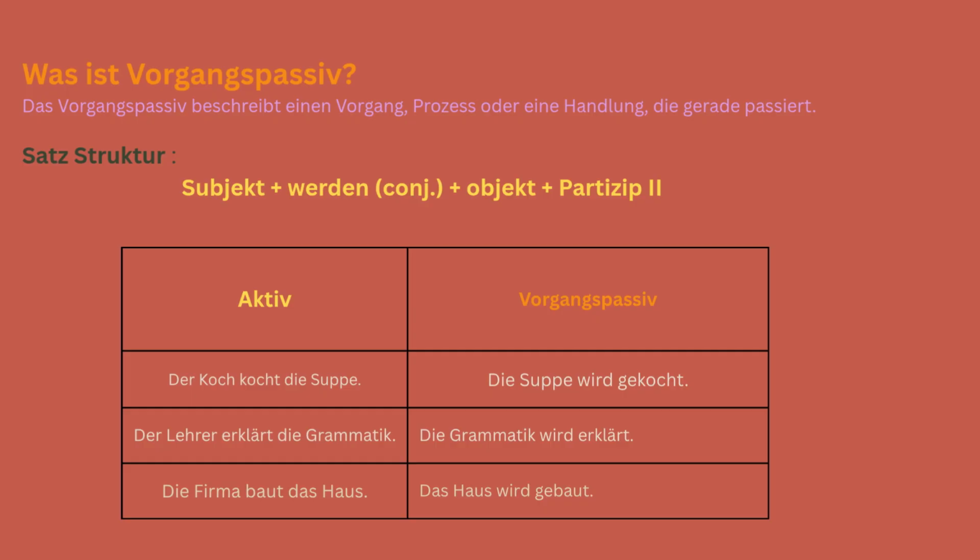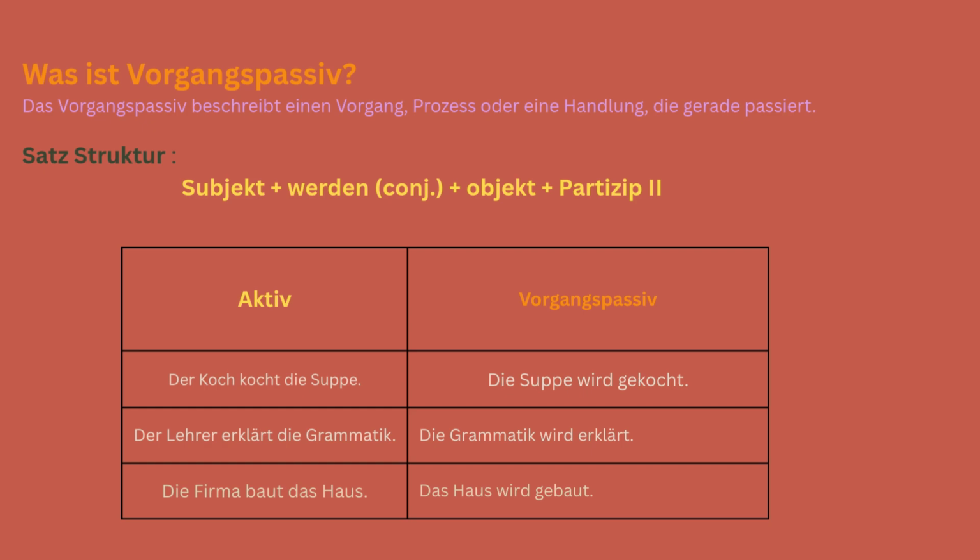Die Grammatik wird erklärt. Means the grammar is being explained. Die Firma baut das Haus. Das Haus wird gebaut. The house is being built.